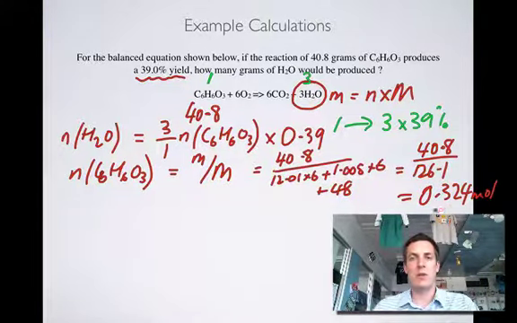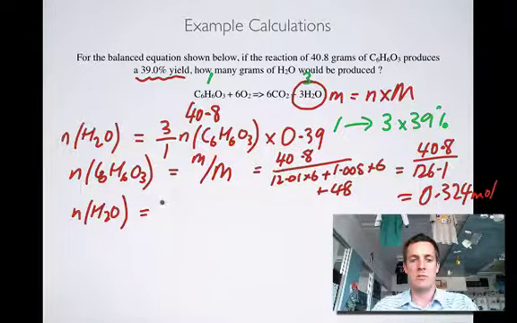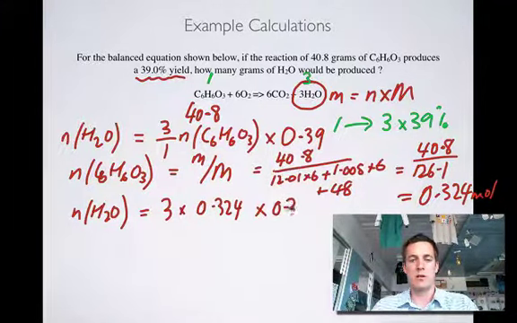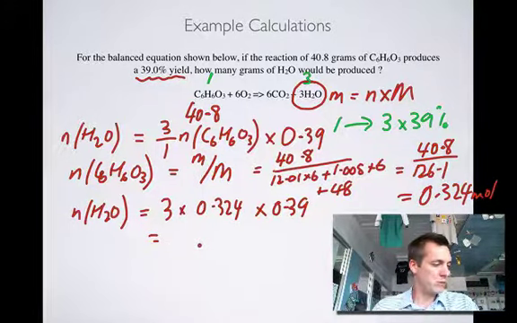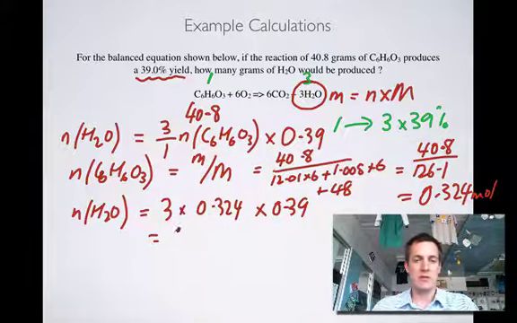If we multiply that by 3, since the number of moles of water is 3 times that, and times 0.39, then we get the answer. We get 0.379 moles.